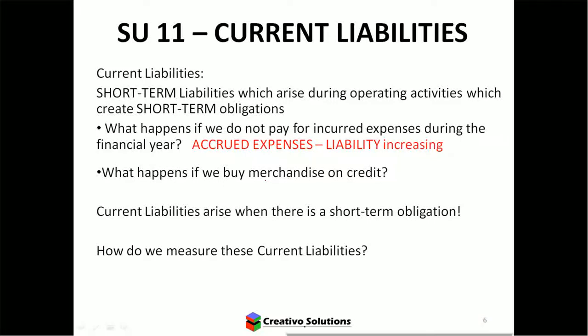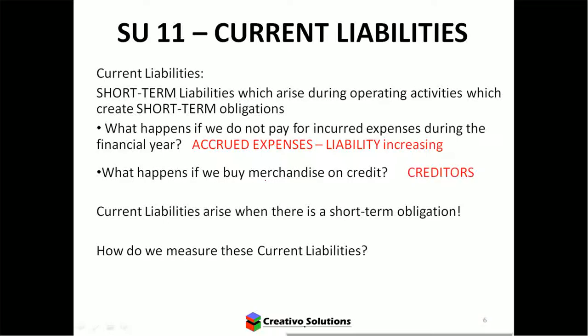And you'll never have anything different. So long as the business is buying on credit, there's going to be a creditor. A creditor is someone who we've purchased goods from, which means we owe them. If I buy goods from you, are you my creditor? Yes, because I'm going to have to pay you. Anyone that the business buys from is called a creditor.